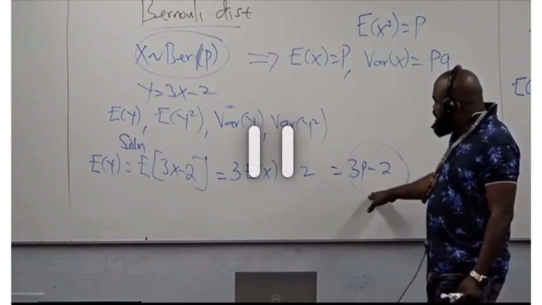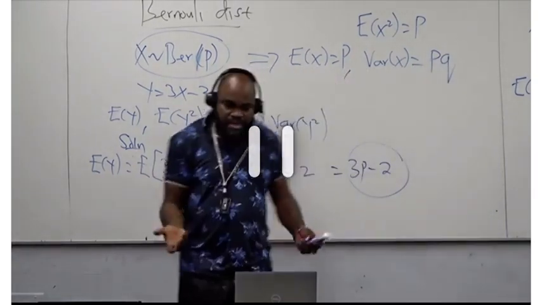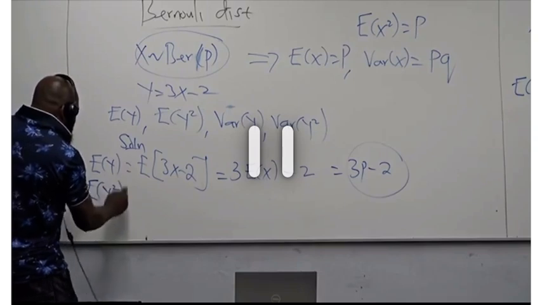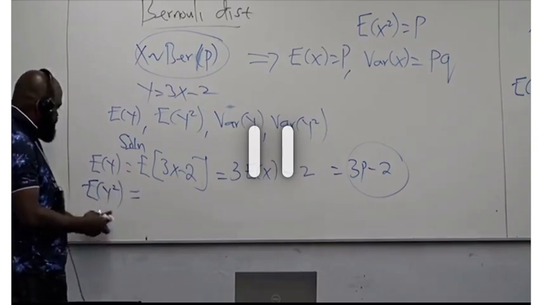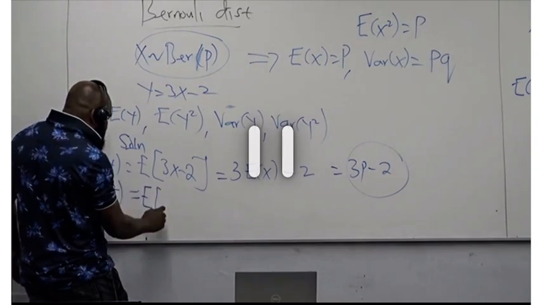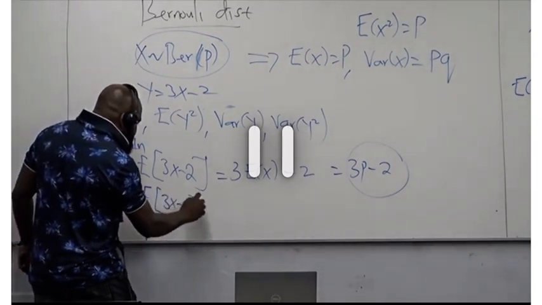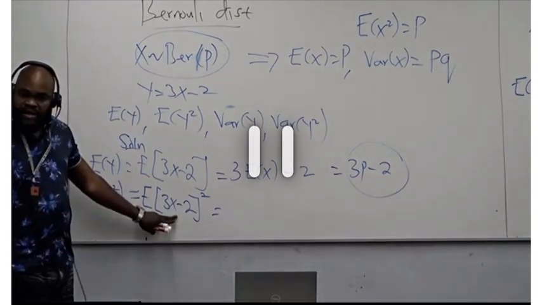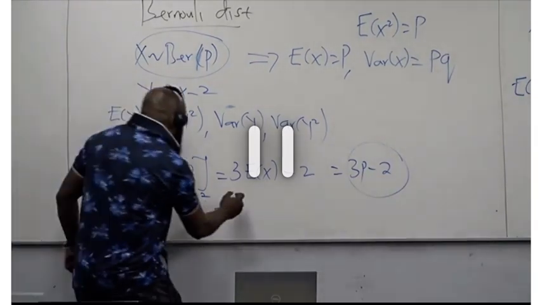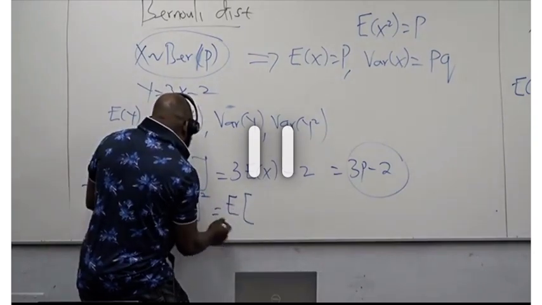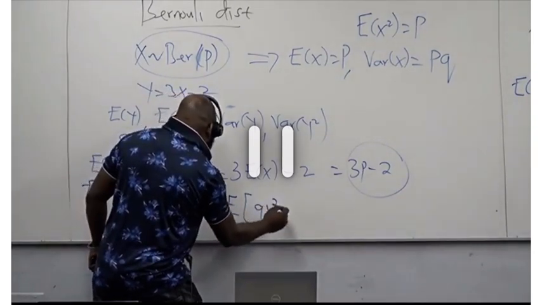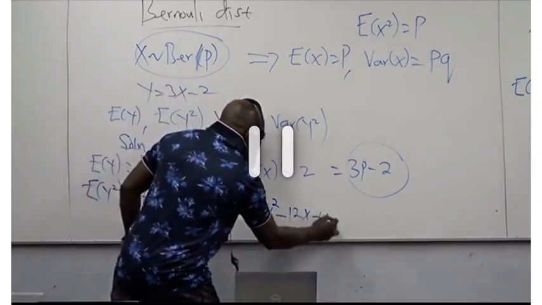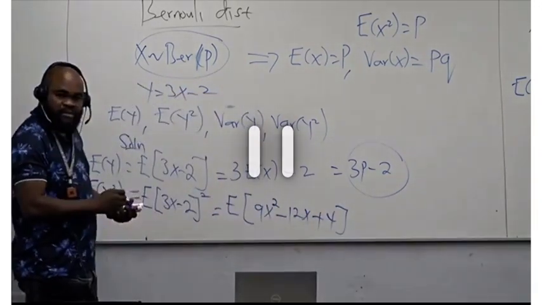Does that make sense? The same way, if I want the expectation of y squared, I need to do 3x minus 2 all squared. You have to expand it first. So the expectation of 9x squared minus 12x plus 4. Who doesn't know how to do this? This is math.